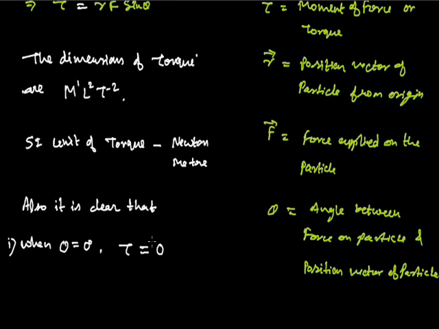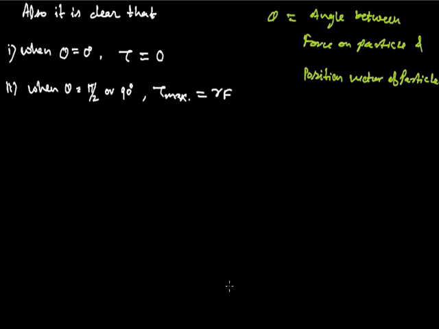But if the force is perpendicular to the position vector of the particle, then the torque produced is maximum. So when theta equals pi by 2 or 90 degrees, torque is maximum, and that is equal to r F.